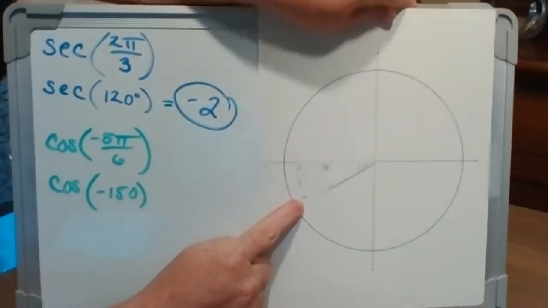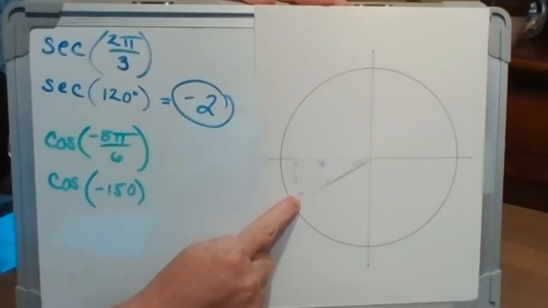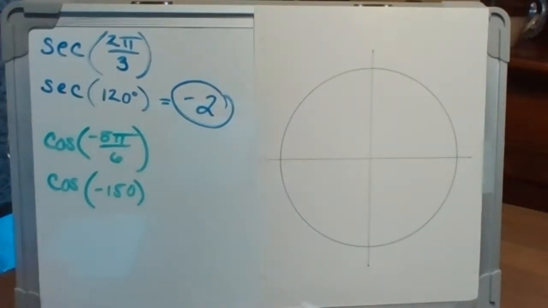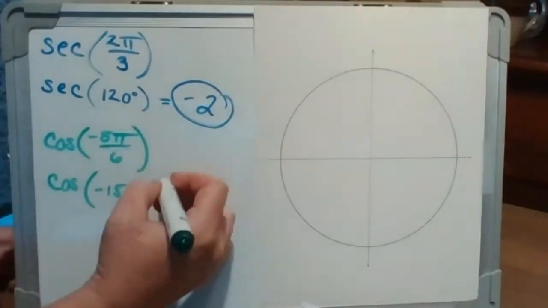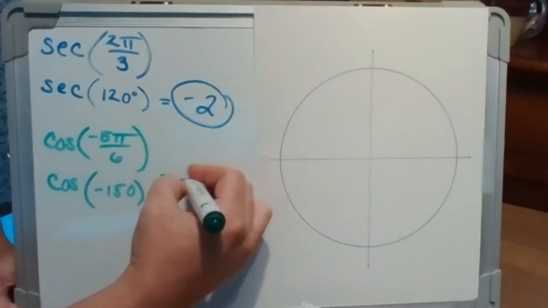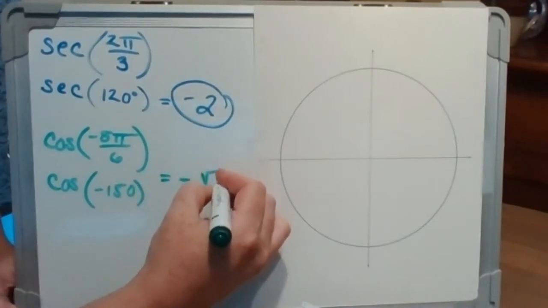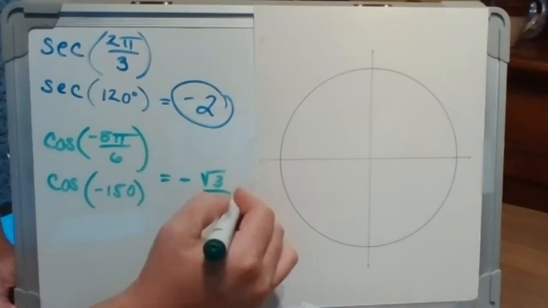We know that cosine is the x value on the unit circle. The x value, looking at my triangle, is square root of 3 over 2. And is the x value positive or negative when we're in the third quadrant? Negative. So we're going to get negative square root of 3 over 2.